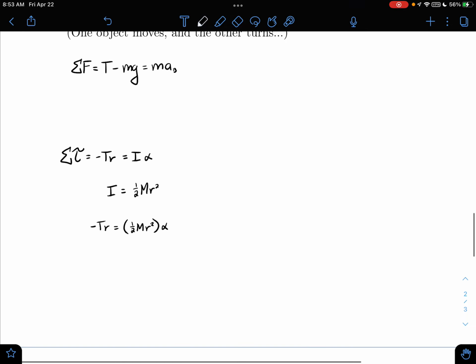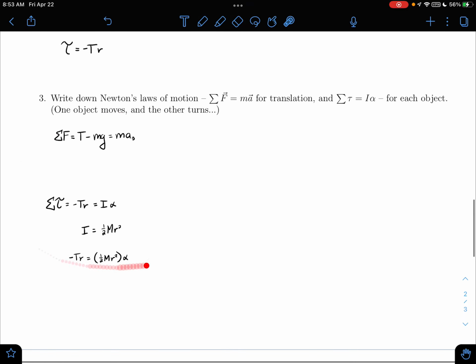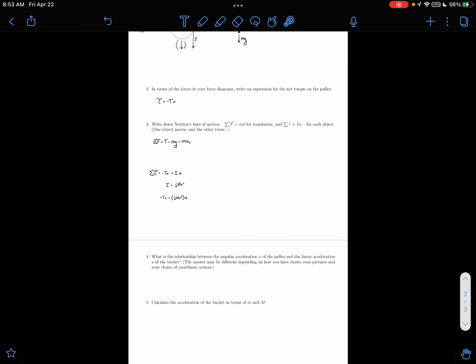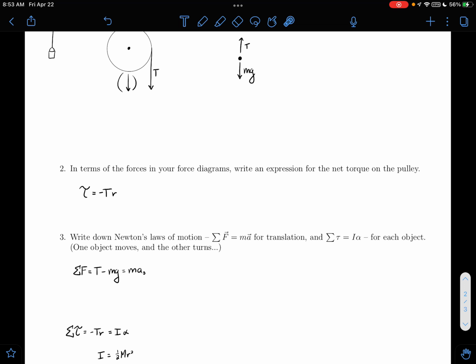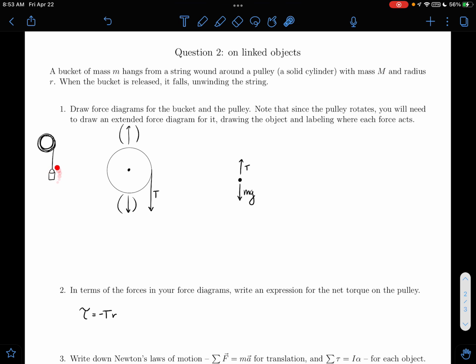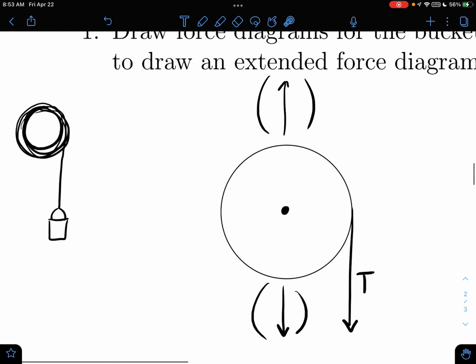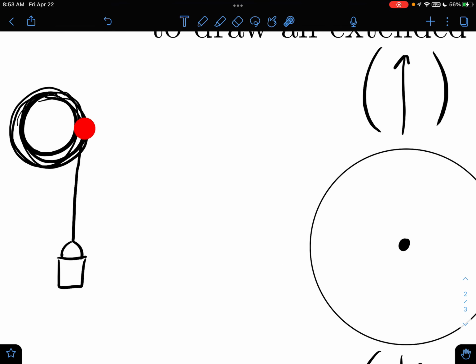Okay. So we have our Newton's laws of motion. Okay. And now we just have to figure out our relationship between the angular acceleration of the pulley and the linear acceleration of the bucket. Okay. So we know that however fast this bucket is accelerating, the string has to be accelerating with it. Right? So at this point on the bucket, on this point on the pulley, this point on the string is going to have the same linear acceleration as the bucket.